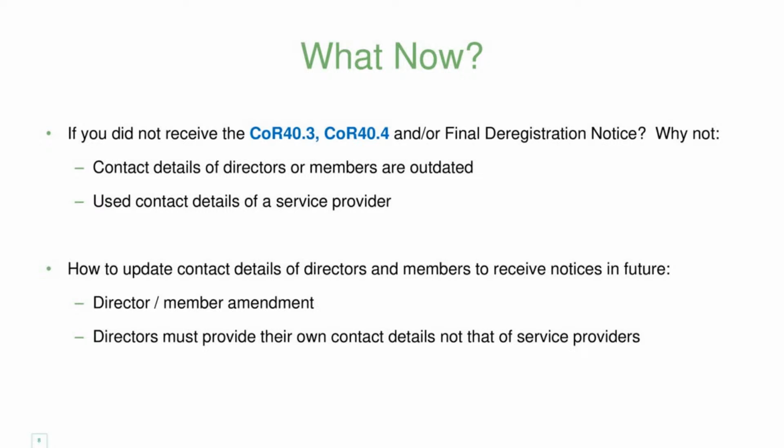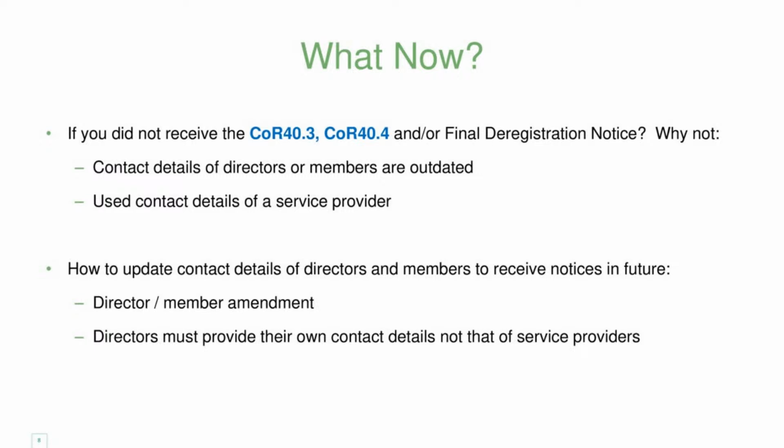If you did not receive the CoR 40.3 form or the CoR 40.4 form and or the final deregistration notice, it is because the contact details of your directors or members are outdated or incorrect. Please have a look that CIPC has your latest and correct details. Use contact details of the service provider.